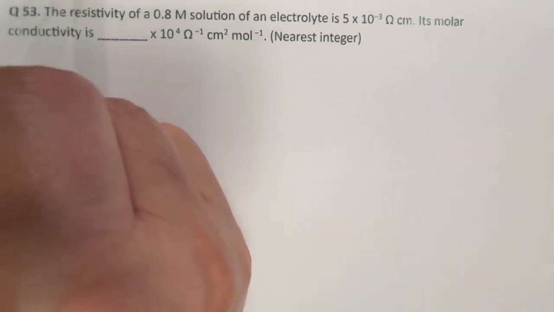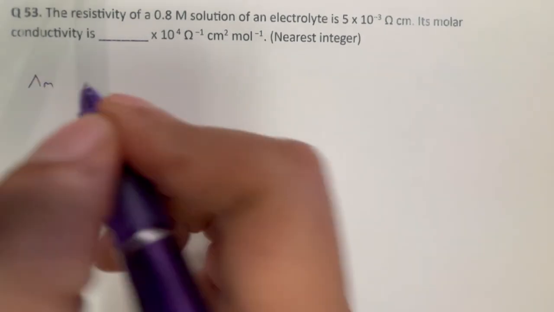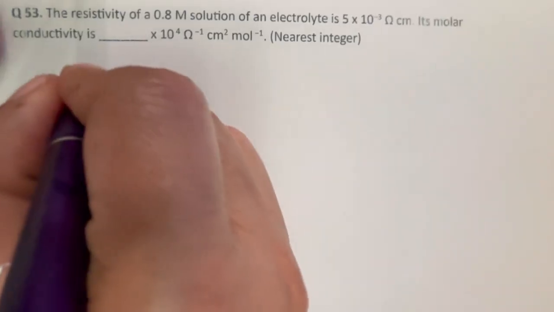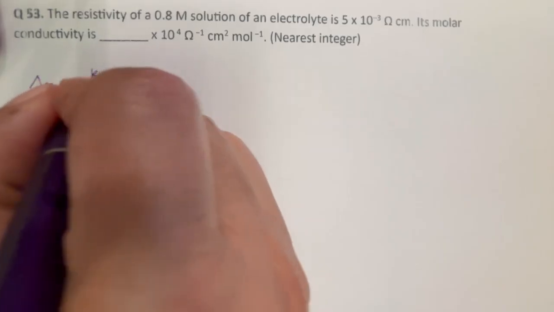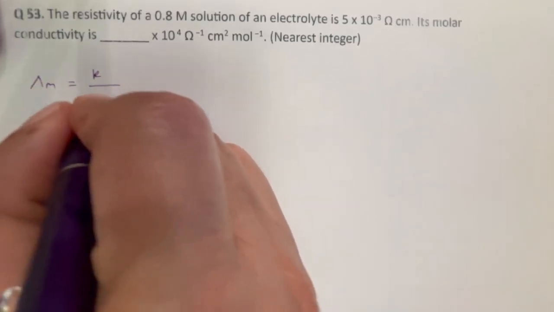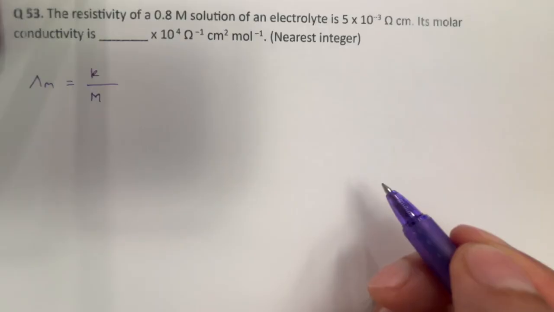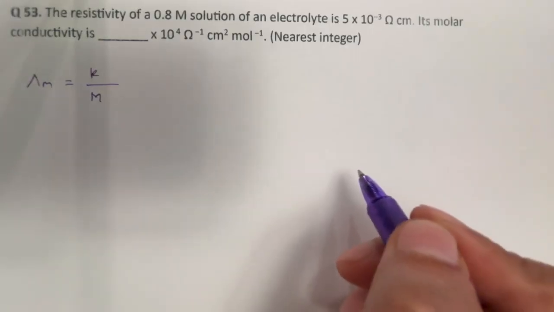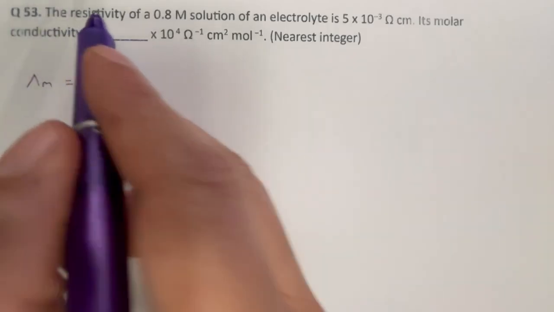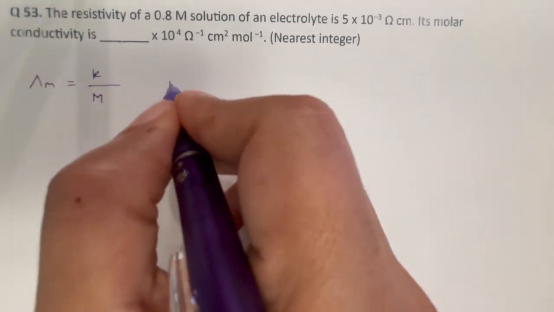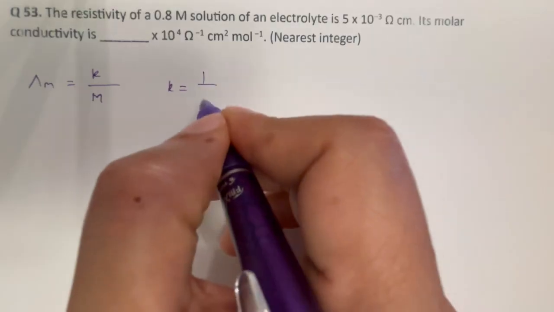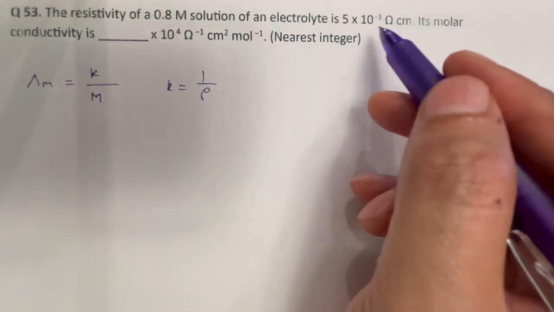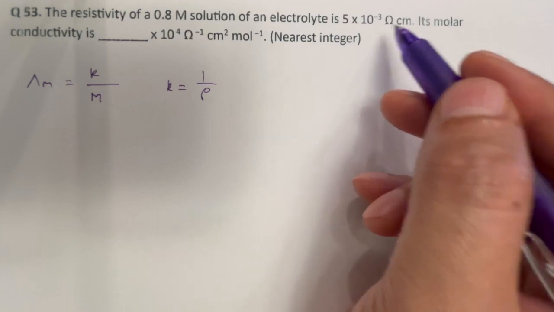So we know that molar conductivity, that is lambda m, is equal to specific conductance, that is kappa, divided by concentration, that is expressed in molarity. Here specific conductance is not given, but the resistivity is given, and we know that specific conductance is equal to 1 by rho. Rho value is given here, 5 times 10 to the power minus 3 ohm centimeter.